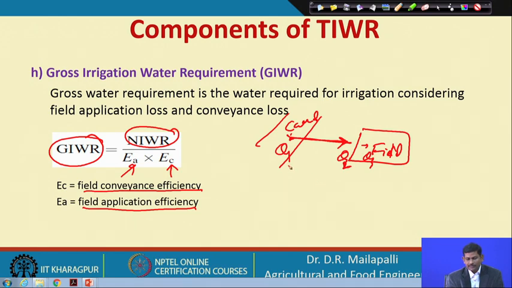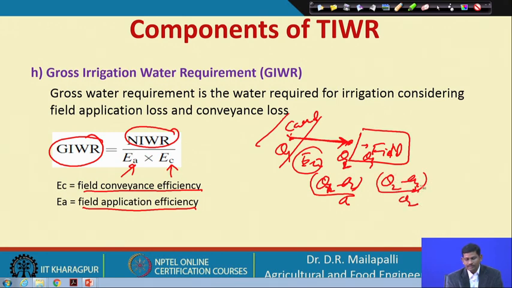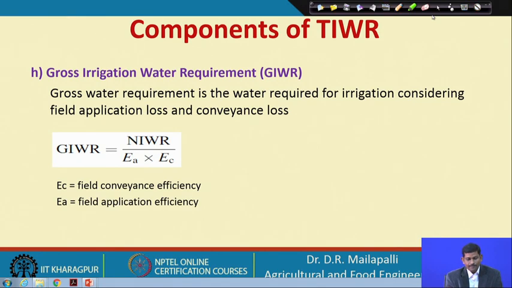So, here Q1 minus Q2 divided by Q1 will give the conveyance efficiency, because you are not getting Q1 at the tail end here, whereas Q2 minus Q3 divided by Q2 you will get the EA, the application efficiency. Okay, we are going to talk about this more later.